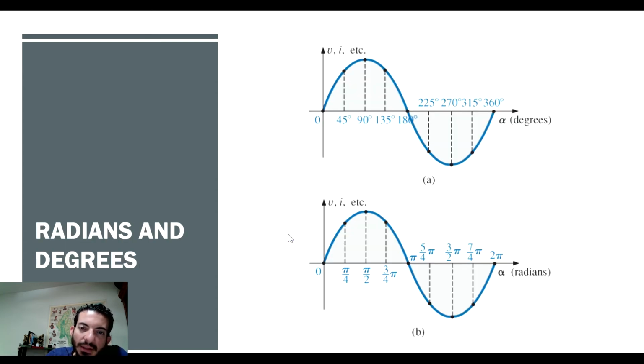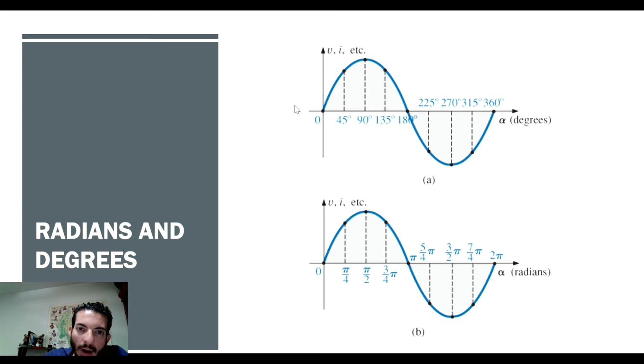And that is because you can use 2 domains to characterize waves: degrees and radians. So taking a sine wave, which is example A and B, a sine wave starts from 0, and at 0 it has a value of 0 volts or 0 current.